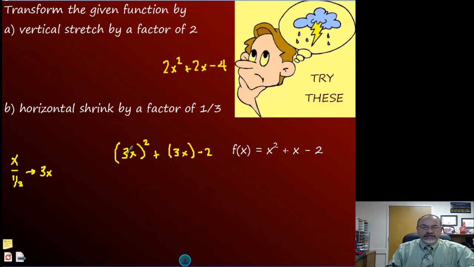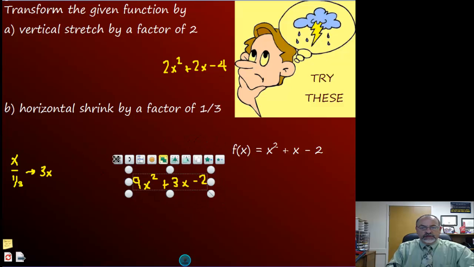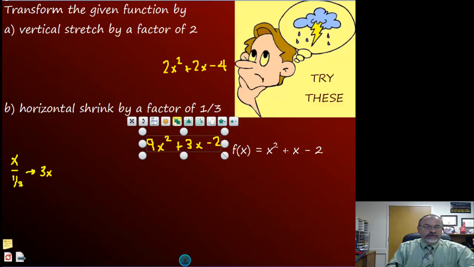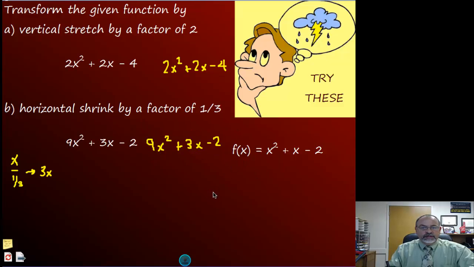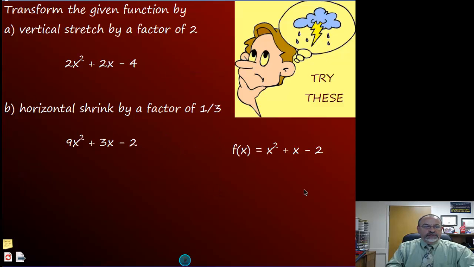Now when we're squaring this, we've got to square the 3, which is 9, and then square the x, so it's 9x squared, plus 3x minus 2, so that would be the horizontal shrink by a factor of 1/3. So we put that out and we check our answers, and we have it right. Okay? Alright, so let's do another couple ones.